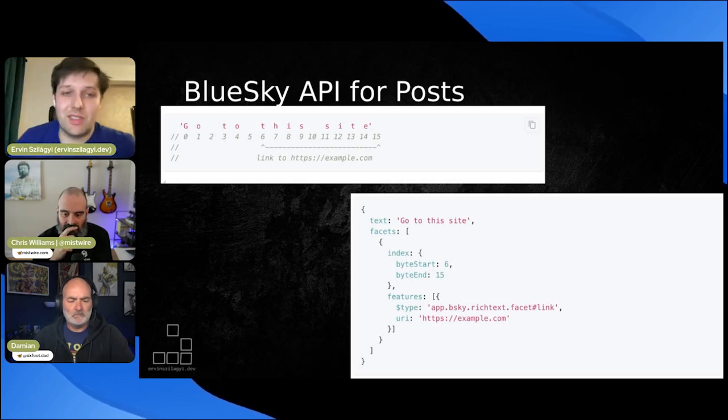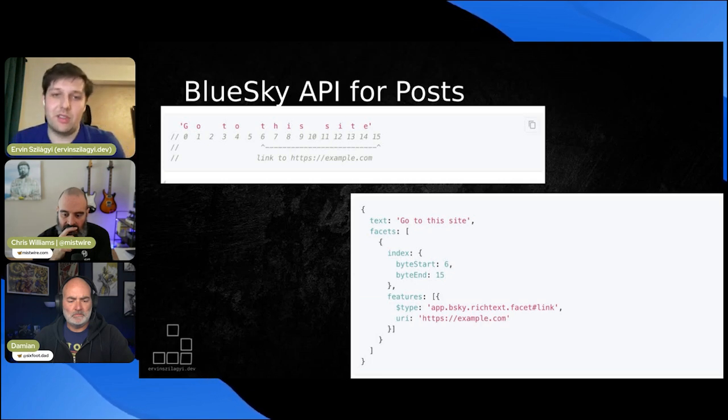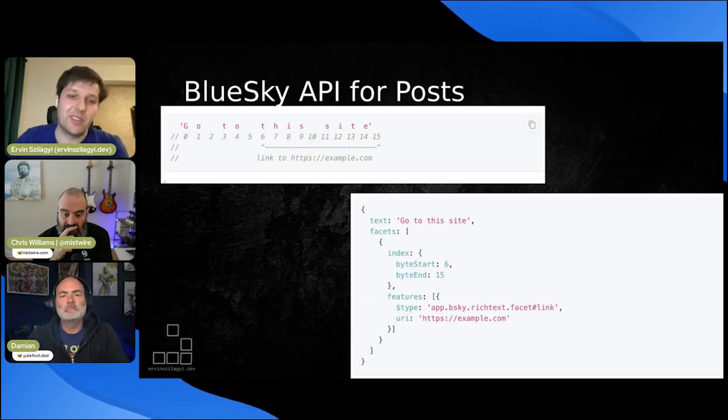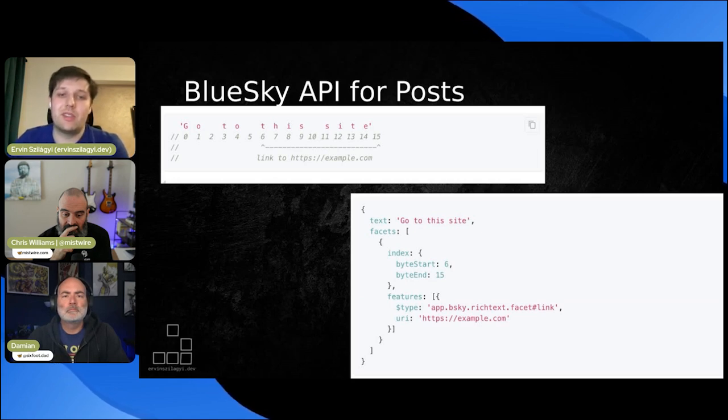But regardless, the idea is that you are sending a string of characters, and in case you want to mark a certain part of the string as a link or URL, then you have to count and send this facet object, where you specify the start of the link, the end, and the URL.